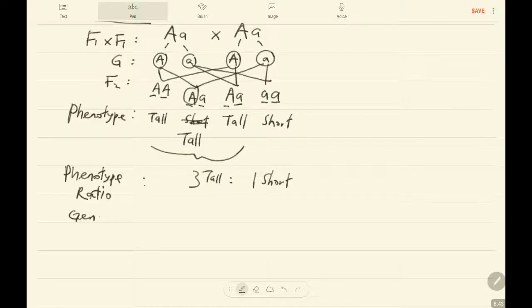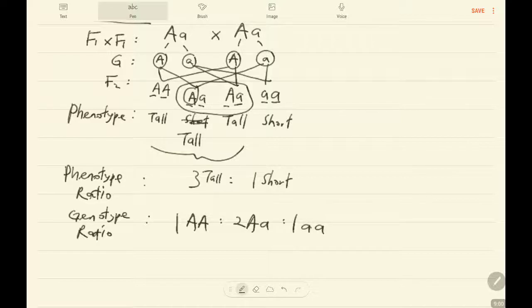What about the genotype ratio? So for genotype ratio, 1 big A, big A to 2 big A, small a, okay, to 1 small a, small a. So this is the magic number we should remember for monohybrid self-cross.